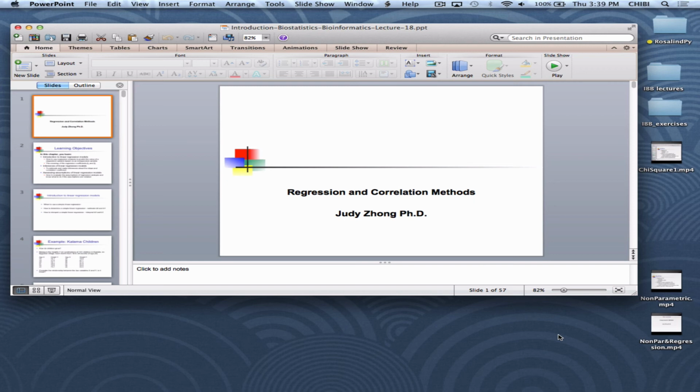For that, you need some method to control your type 1 error rate. We introduced a little bit on the Bonferroni test, but that is really the first step. You could have other choices, like what we call false discovery rate, which allows you to be more flexible in adjusting your type 1 error rate. So that is some other topics that you could explore.